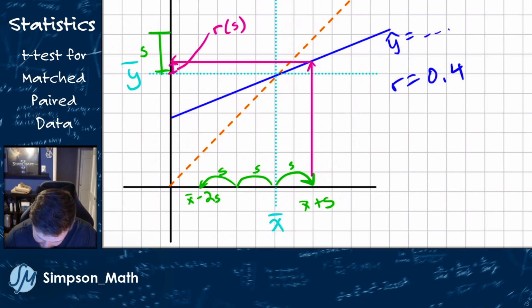If this was a perfect linear relationship, the y would be all the way down here, at 2 standard deviations below the mean of the y. Well, that's not the case. In this case, we're going to expect the y to be right here, all the way up here.